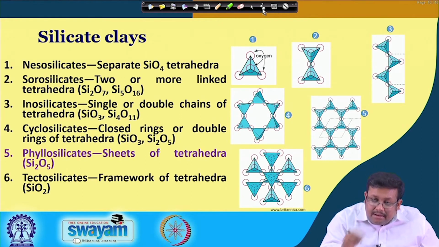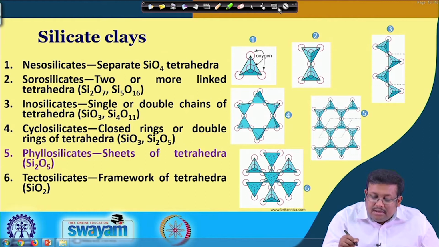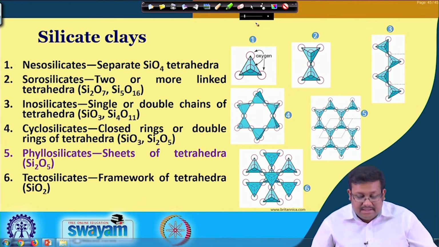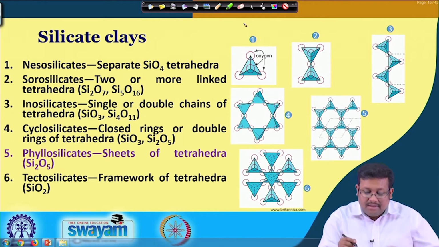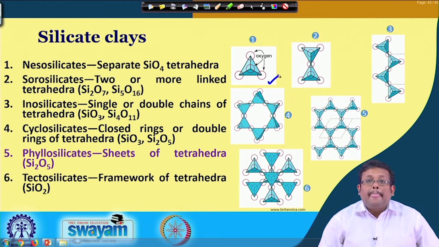Now let me show you. Let me increase the size of the marker a bit so that it can be visible. All right, so this is the example of a silica tetrahedra.